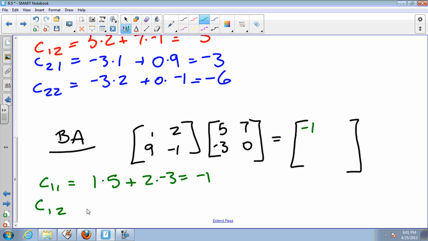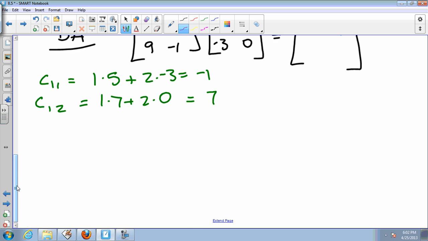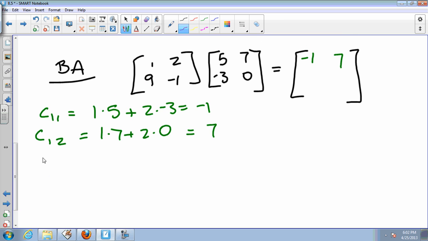C1,2, 1 times 7 plus 2 times 0 is 7. Now C2,1 goes 9 times 5 plus -1 times -3 goes to 48.